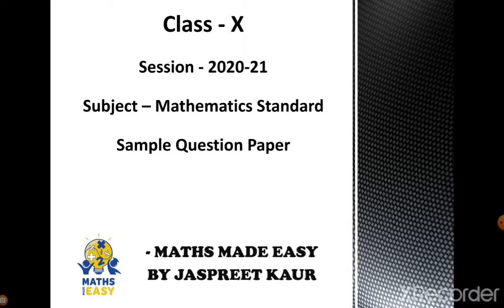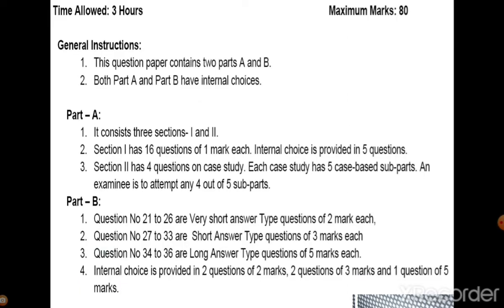As we know, there are two parts, part A and part B, and in part A there are two sections, section 1 and section 2. In this video I am going to solve section 1, that is questions 1 to 16, each carrying 1 mark.